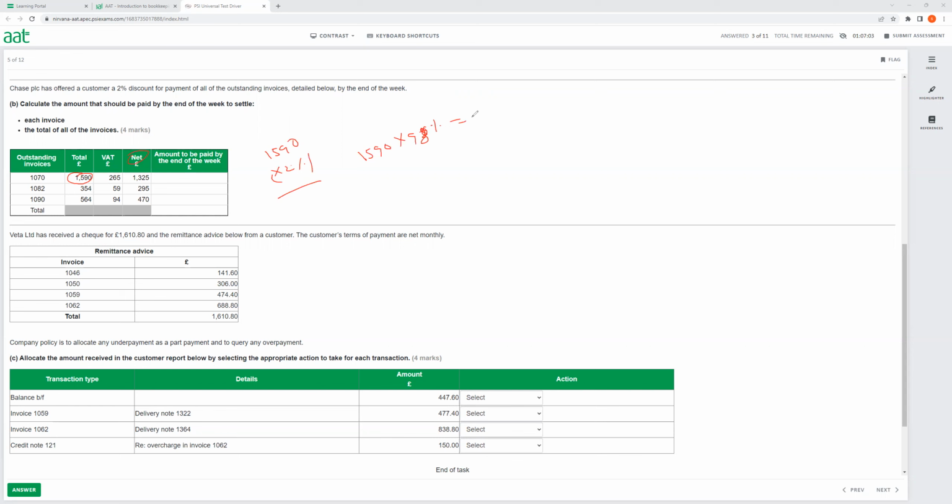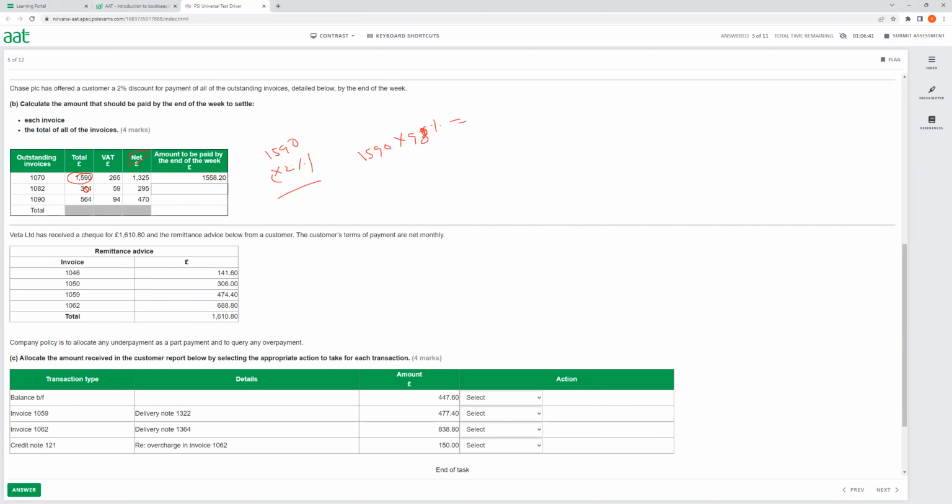That will make the work a little bit faster on your calculator. Rather than minus 2%, then you minus from the gross, it will take some time. If you do 1590 times 98%, because 2% is the discount, it will give you the same figure. But you can do the way you're comfortable. So 1558.20.